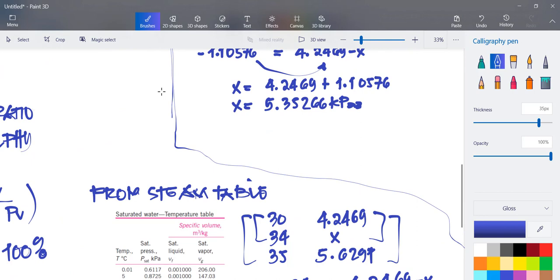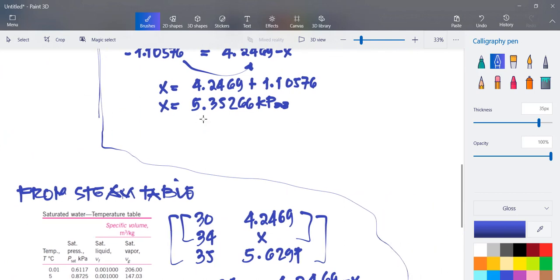So you will notice that one, what we have get, to check kung tama ba yung value natin. So that is in between pa rin siya, no? So you will notice here that is 5.6295 and we have 5.35266. So we can say that we're still in between, no? So counter check. So that is the right way of checking kung tama ba yung interpolation nyo o mali.